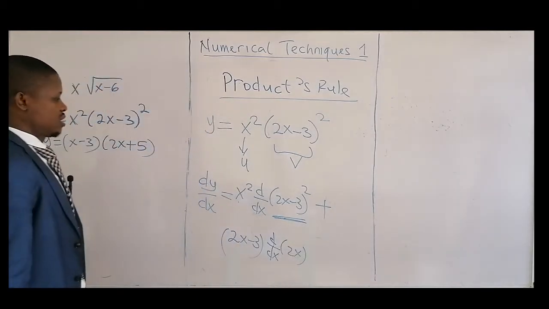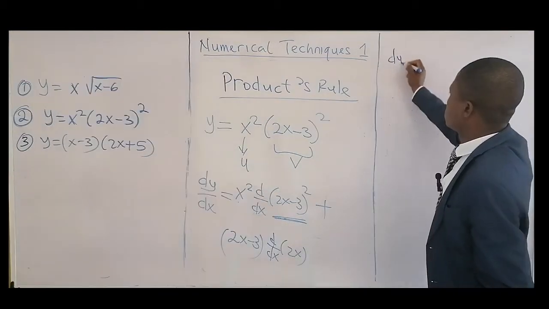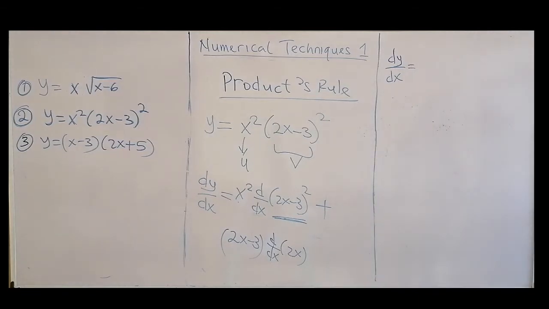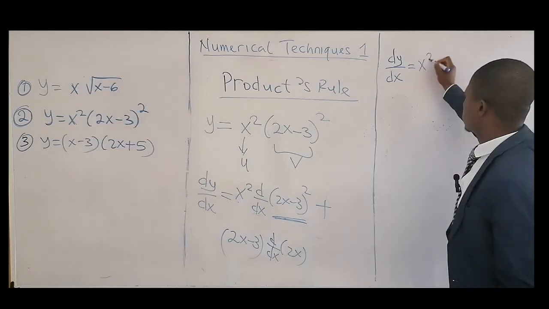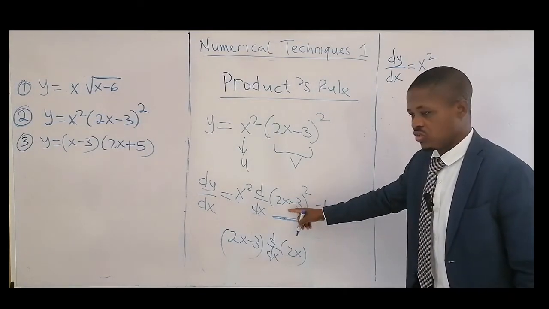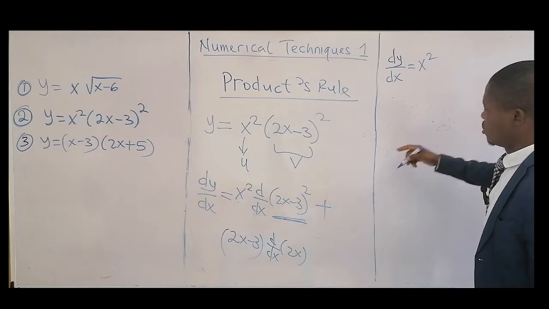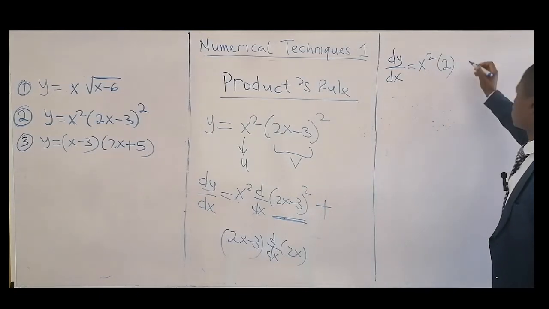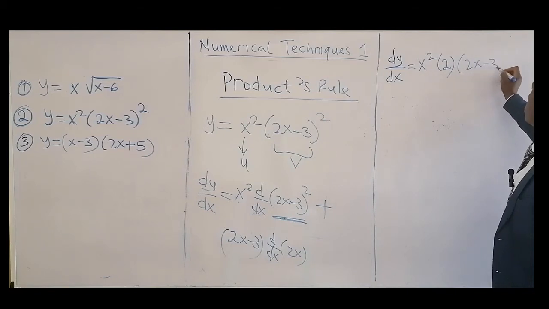Okay, so let's get the differentiation of that. The dy/dx equal to x squared. Derivative of this one, this is a chain rule. The derivative of this one will be what? The 2 will go to the front. Okay. Then the expression 2x minus 3.